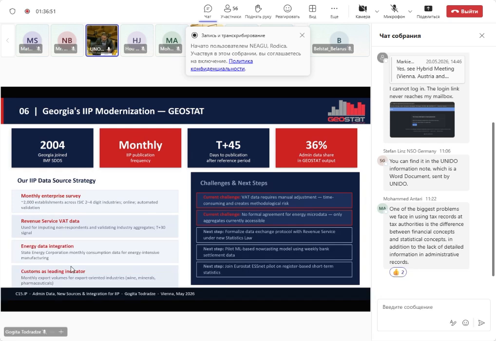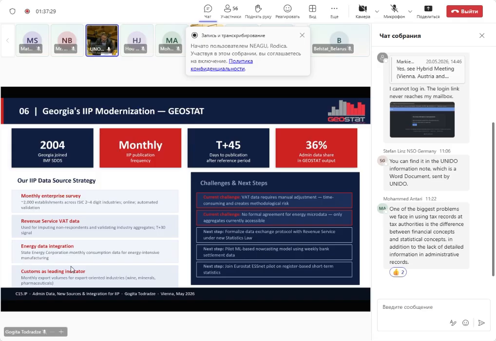Our IIP now draws on four sources: a monthly survey of around 2,000 establishments, tax office revenue service data for imputing non-respondents and validating aggregates, also state energy corporation data as a proxy for energy-intensive manufacturing, and customs export volumes as a leading indicator for some products such as wine, minerals, and pharmaceuticals.